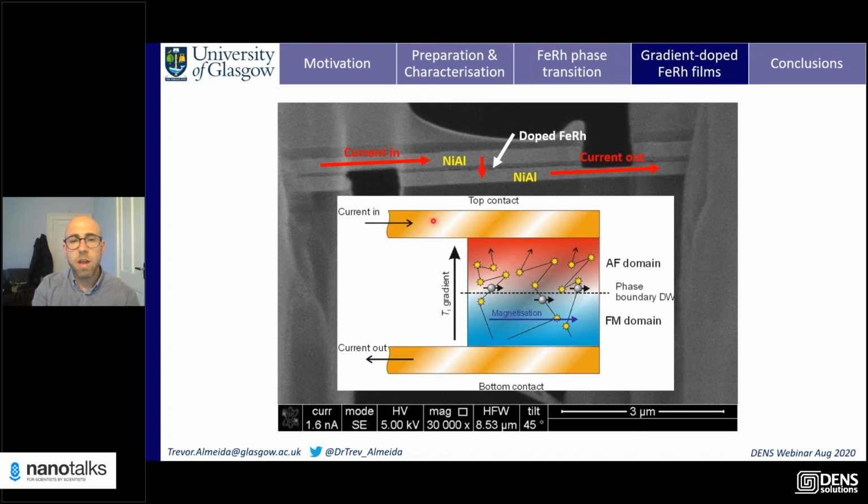If we apply a current in, hopefully we can use spin injection to essentially move the phase boundary down or up, and essentially by doing that we would be able to control the resistance of this thin film in a device, and essentially create a bit for a memristive device by controlling how much resistance is in this thin film. So that's the plan we're currently working on.